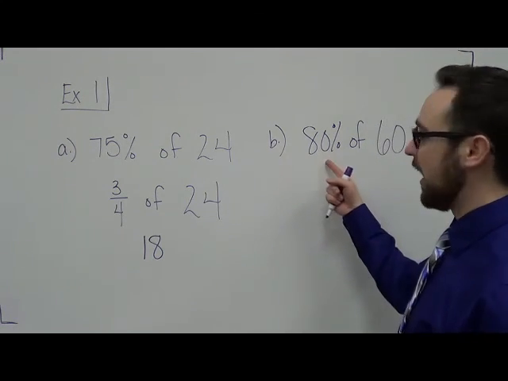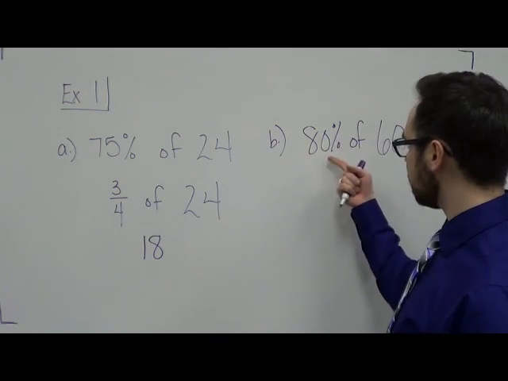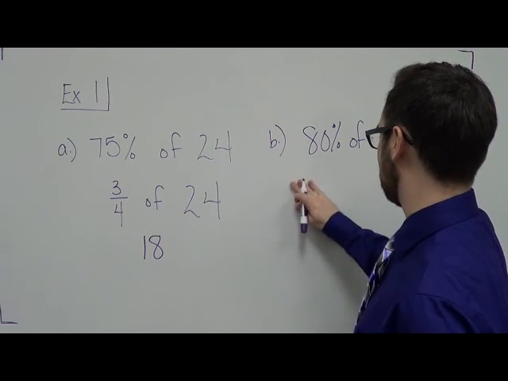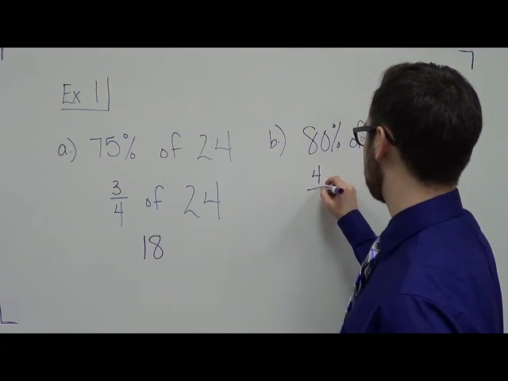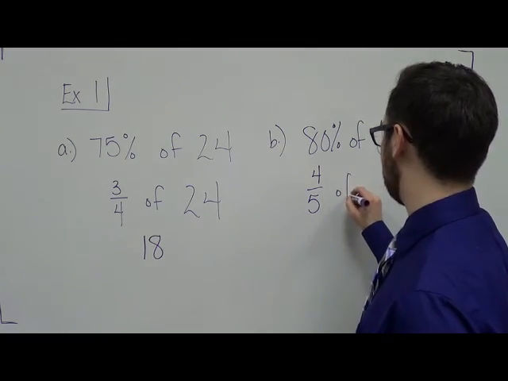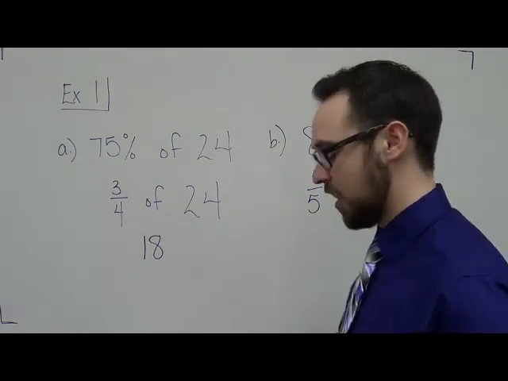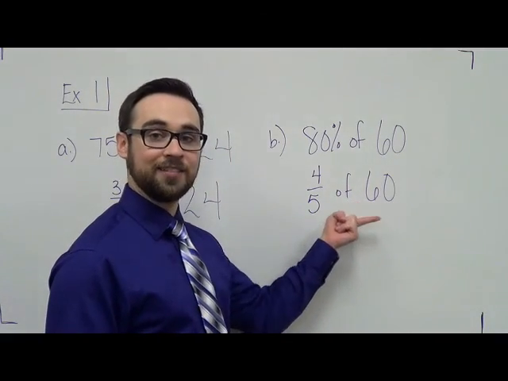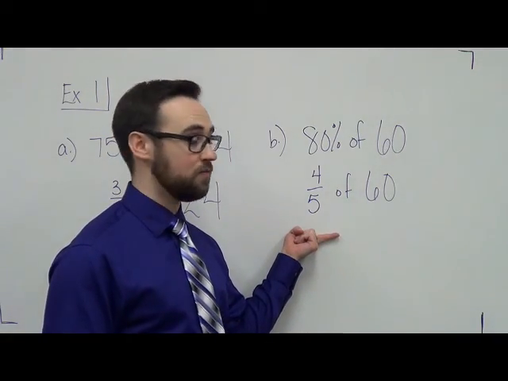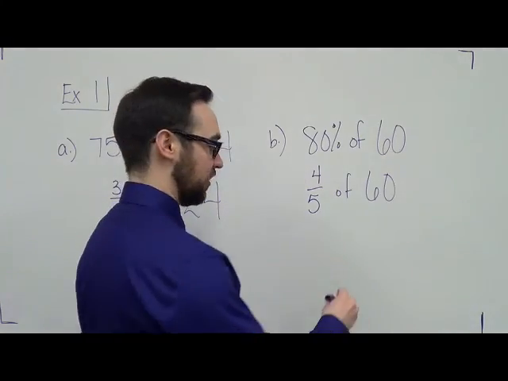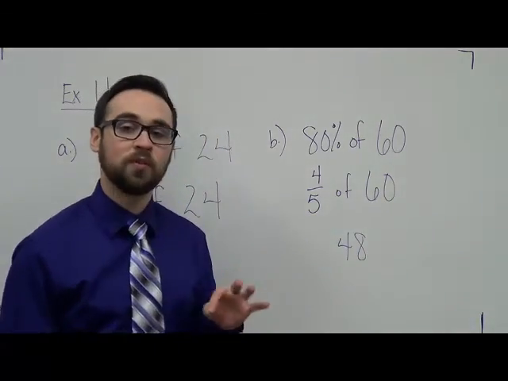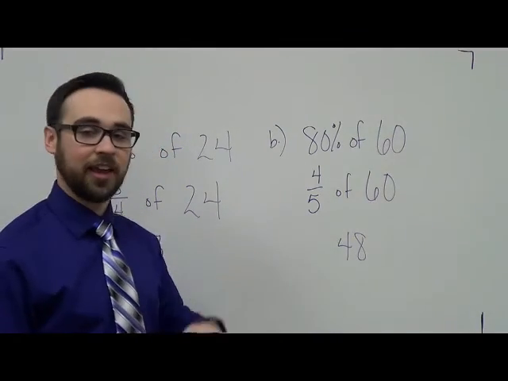So again, remember that 80% as a fraction is 4/5. So we're looking for 4/5 of 60. So when we do this, we're going to take 60 divided by 5, which is 12, times 4 is 48. So 80% or 4/5 of 60 is 48.